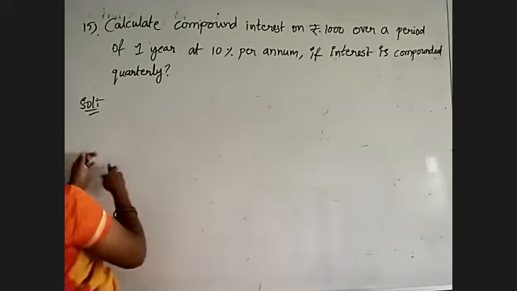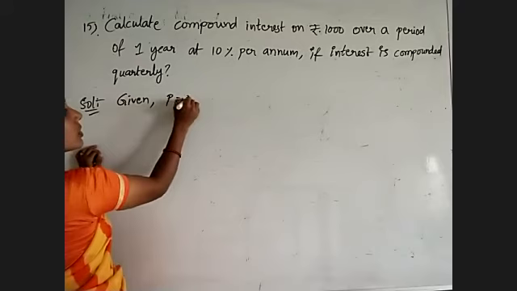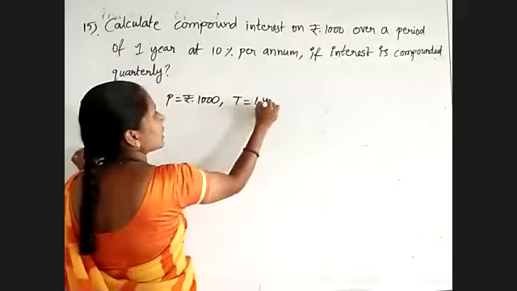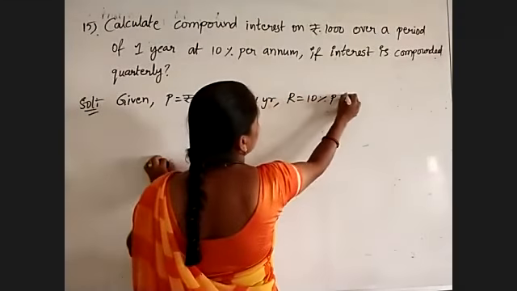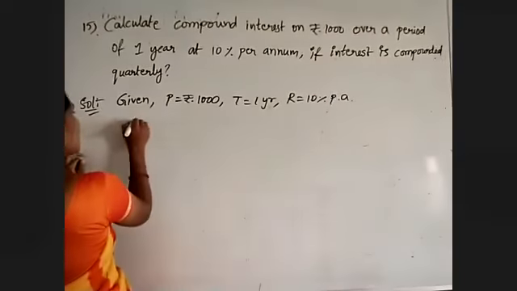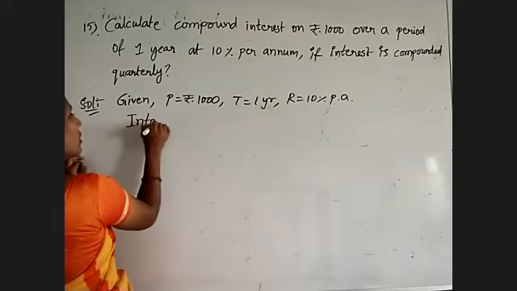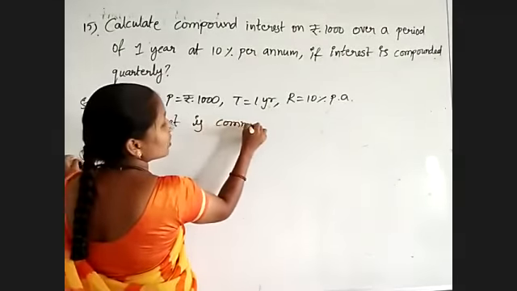Given: P equals 1,000 rupees, T equals 1 year, R equals 10% per annum, and also mention that interest is compounded quarterly.